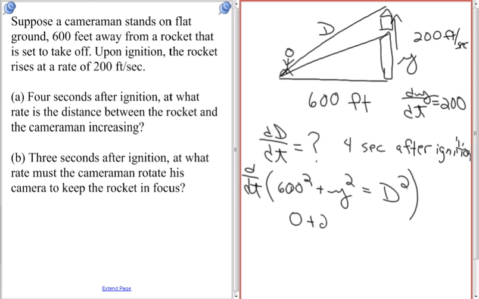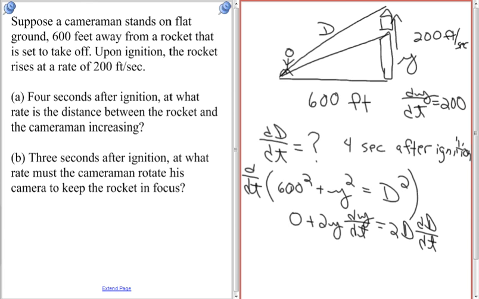The derivative of y squared, 2y, but that gets marked dy/dt, equals the derivative of D squared, 2D dD/dt. We want dD/dt, so that means we need values for y, dy/dt, and D. It seems like we only have information for dy/dt, but we also have our moment.